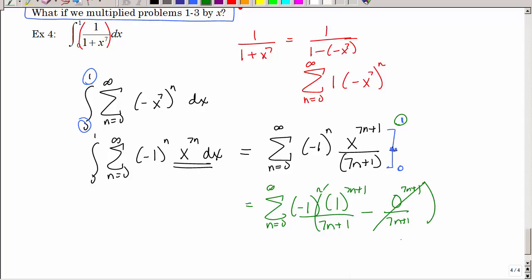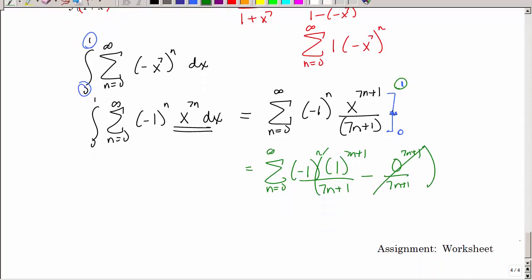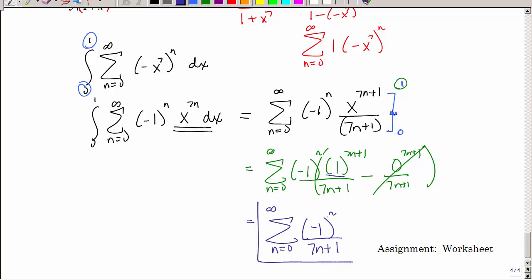So this is going to be 0. So my final answer will be negative 1 to the n, and then 1 is just 1 over 7n plus 1. That is what my original integral equals. So now I've taken an integral that I didn't know how to integrate, turned it into a power series. Not really that hard.